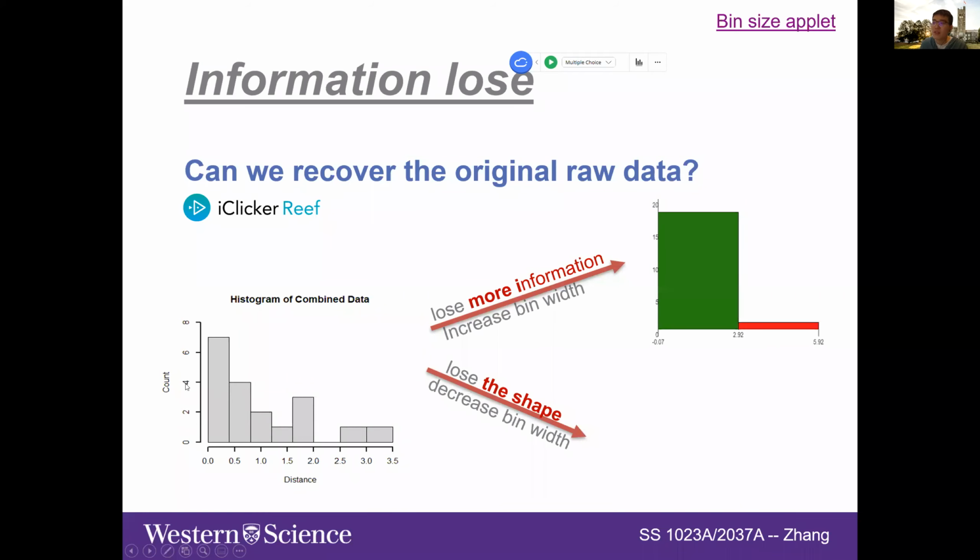On the other hand, if we decrease the bin width to the other extreme, we lose the shape, because we end up with a very specific, very detailed graph, and we lose the big picture.